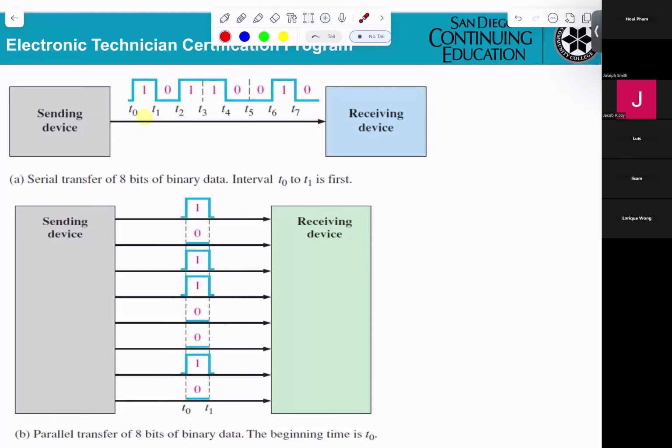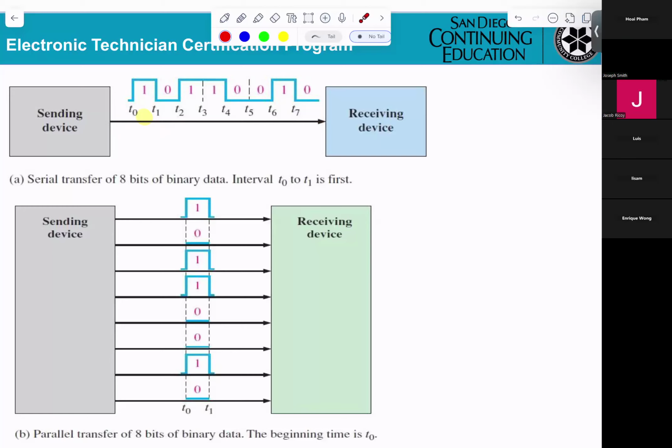But inside the computer, they cannot use anything else besides binary. Not serial. It must be parallel. Inside the computer cannot use serial. So, going back to serial here, you can transmit 1,000 bits, doesn't matter, you need only one wire.